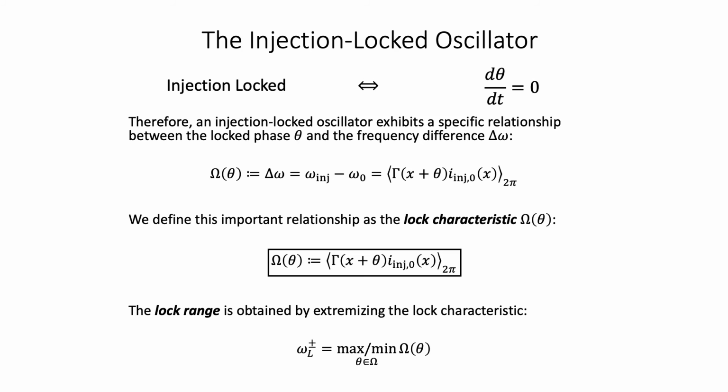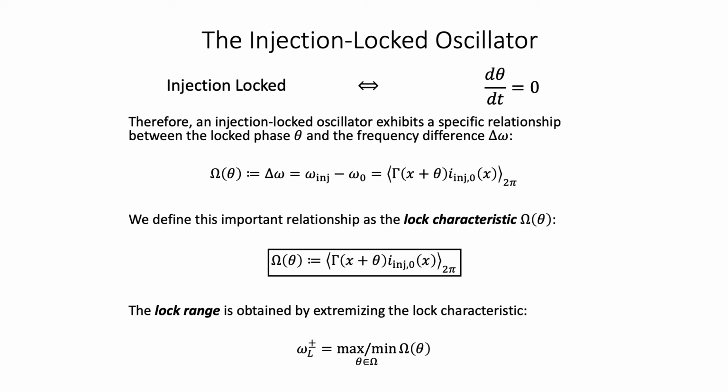And in the case of injection locking, this equation simplifies to the case where the d phi dt, the rate of phase change, has to be 0 in the locked frame of reference, right? That's by definition when the locking occurs. And when you put that in, you will see that the maximum locking range can be defined using what we define as the lock characteristic function, this capital omega of theta, which is the time average over one period of gamma times the injection current.